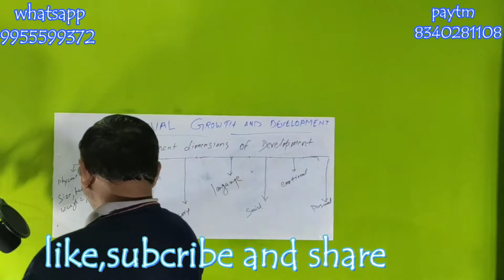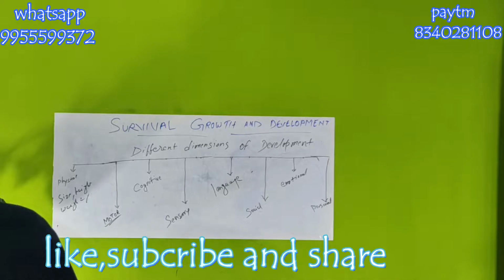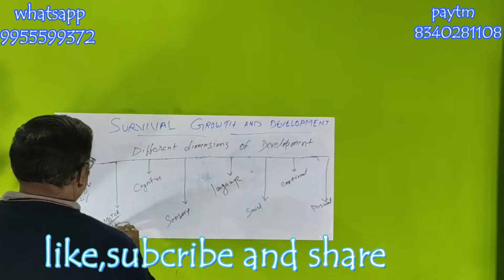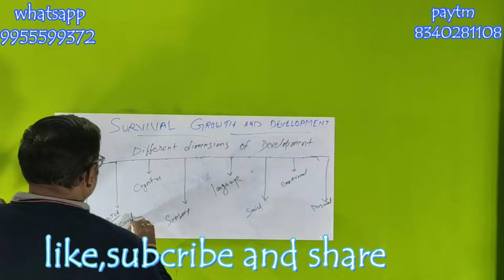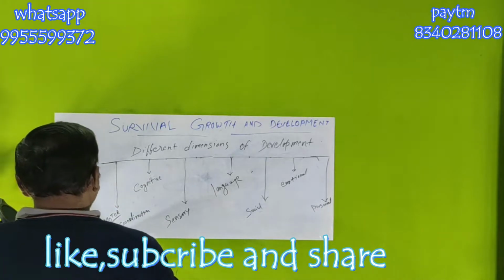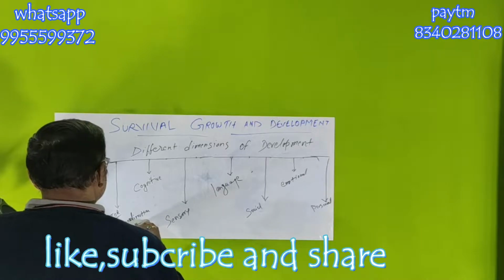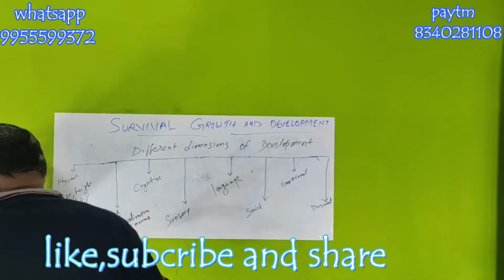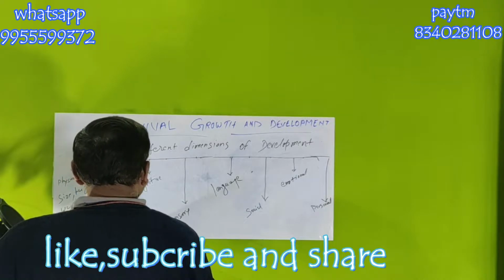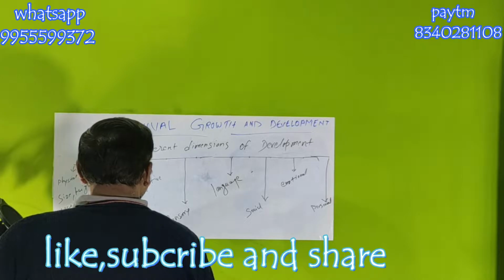Next was motor. What is motor development? It deals with control and coordination of body movement due to the maturation of muscles and nerves.